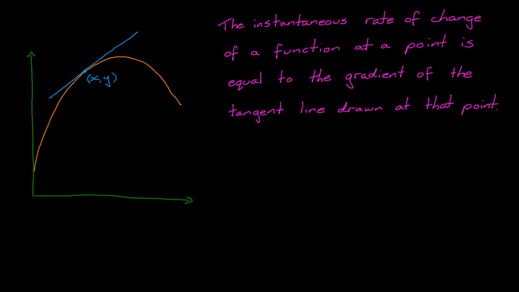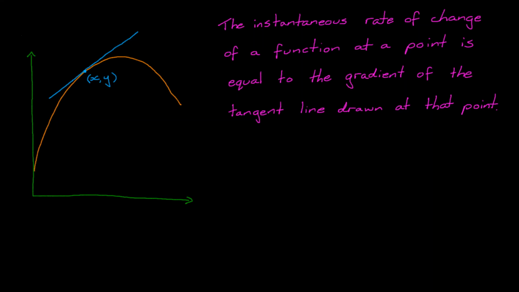But what we are often interested in is the instantaneous rate of change of a function at a point, and that is a little bit more difficult to determine. What we usually do is rely on the fact that the instantaneous rate of change of a function at a point is equal to the gradient of a tangent line drawn at that point.